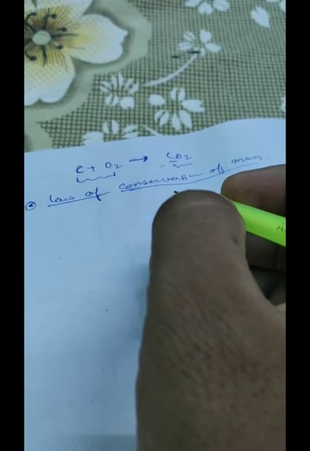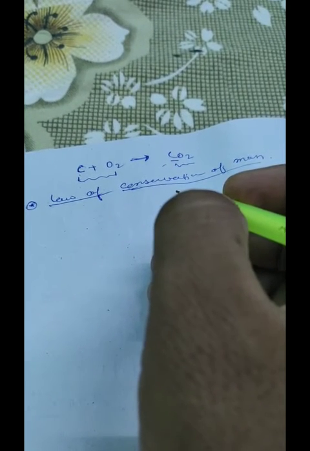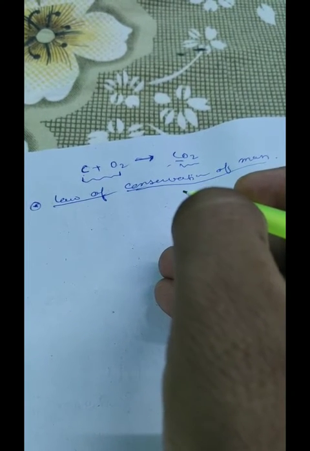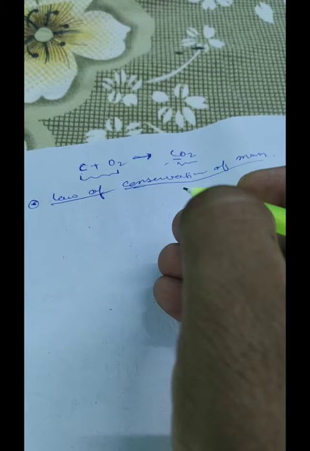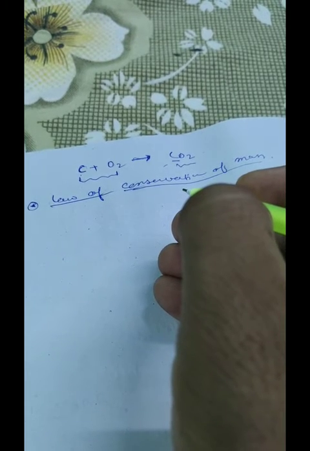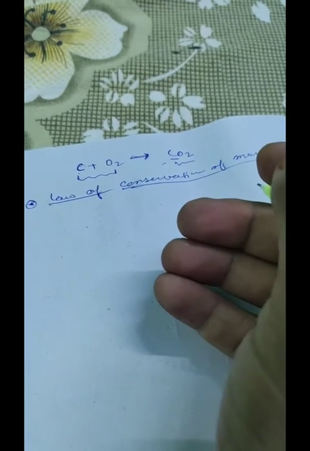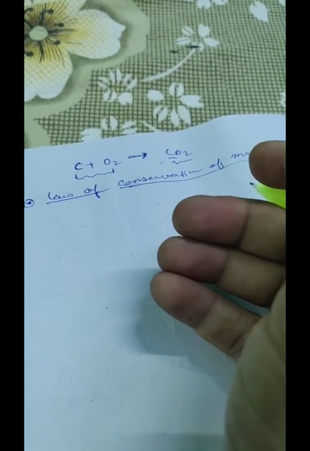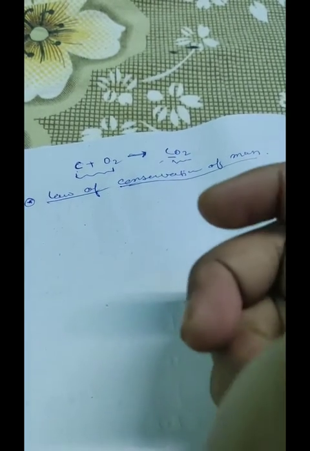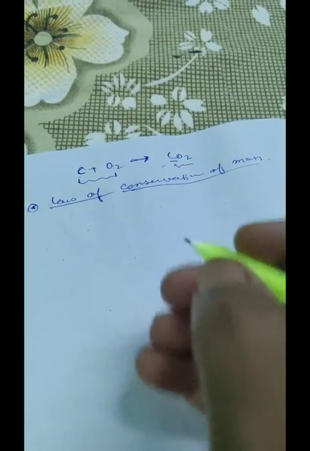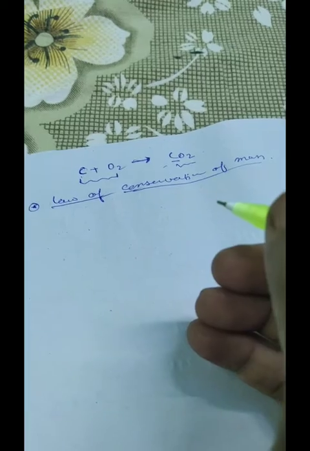An equation does not give any information regarding the speed of the reaction. An equation does not tell us about the concentration of the substance. In some equations, terms such as dilute or concentrated may be added. An equation does not show conditions such as temperature, pressure, and catalyst under which the chemical reaction takes place.